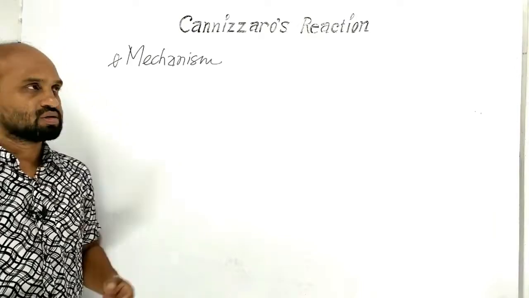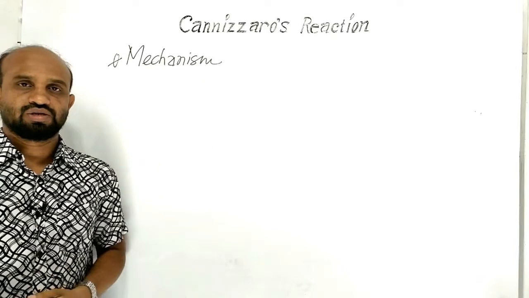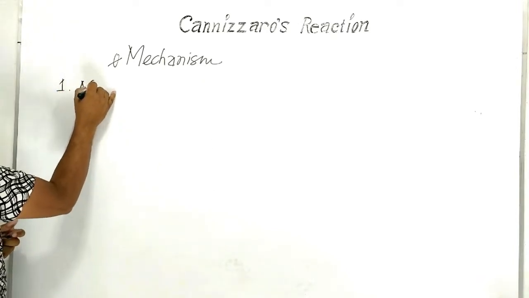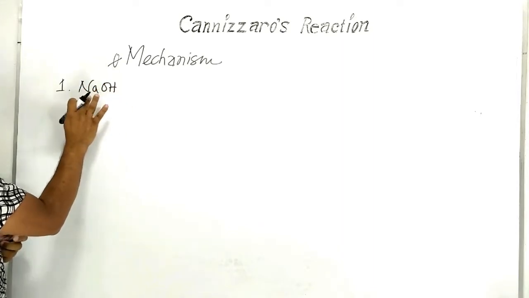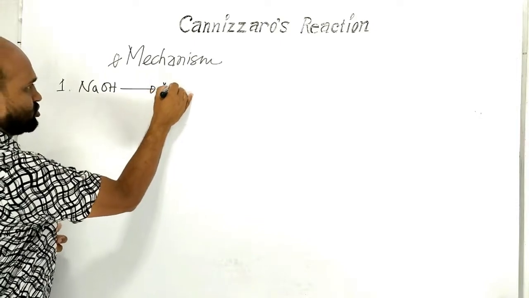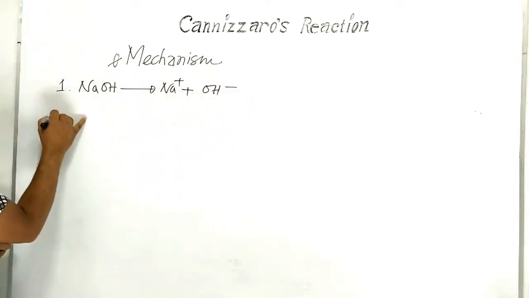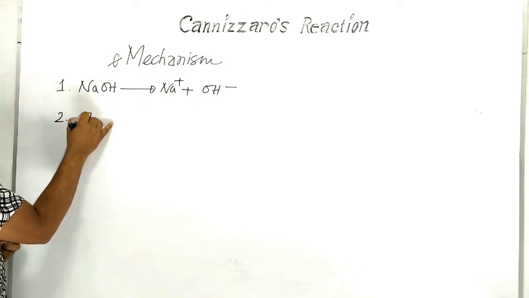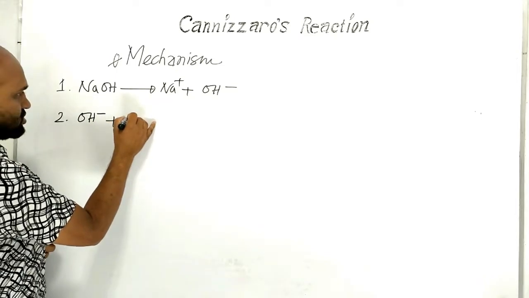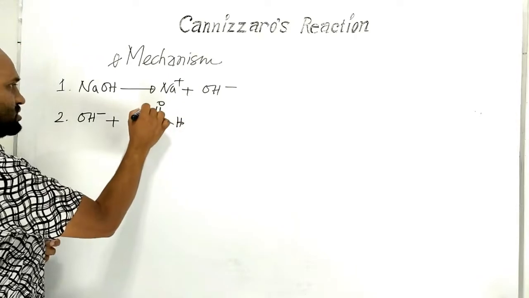Now the point is mechanism of Cannizzaro's reaction. Let's see step by step. Step 1, concentrated alkali like sodium hydroxide produces sodium ion and hydroxide ion. This hydroxide ion in the second step reacts with the aldehyde.